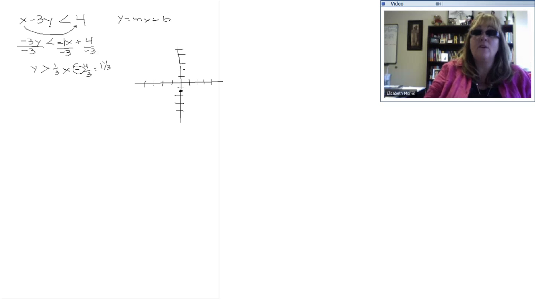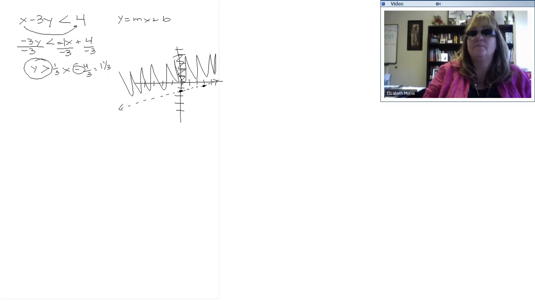Now from here, my slope is positive 1 over 3. So I go up 1 and over 3, and now I stop. Do I draw a dotted or a solid line? In this case, it's a dotted line. And y is greater, which is all this up here, so I shade above. Okay?